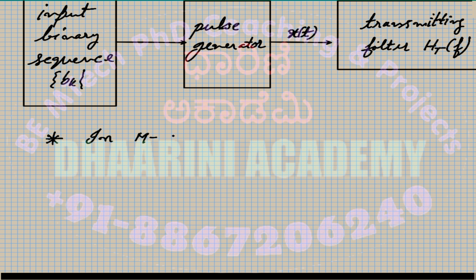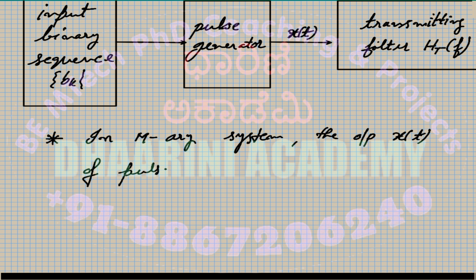In an M-array system, the output x of t of the pulse generator has m distinct levels.